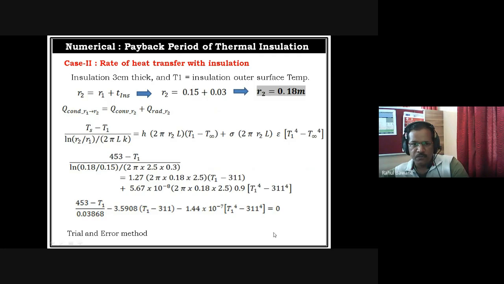The second time when we put 90 degrees centigrade, the value is negative. That means our 0 will be in between 100 and 90. So for the next trial, first 100 gave a positive value, second 90 a negative value, so next time we will put 95 and check the answer.